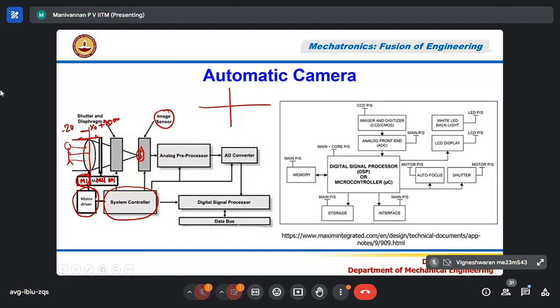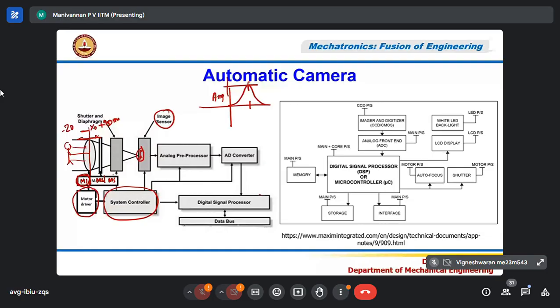This is the amplitude of the signal, and this is the position. When it moves to a particular position, you get a maximum, peak signal, and immediately the system knows the object is at the best focus position.